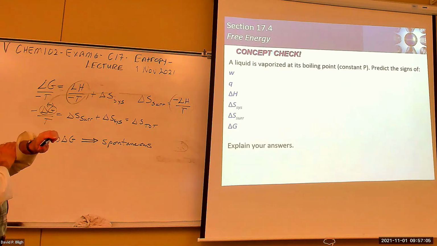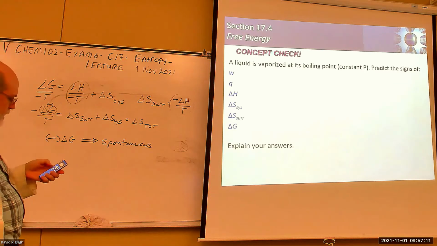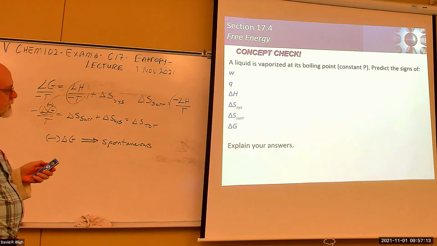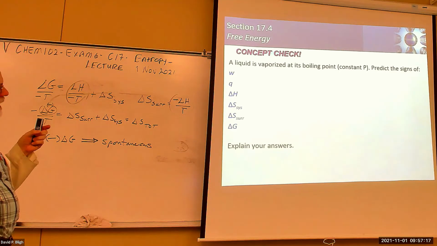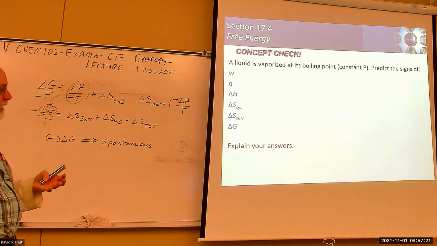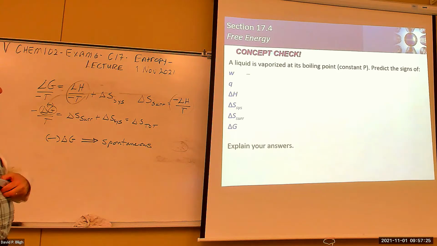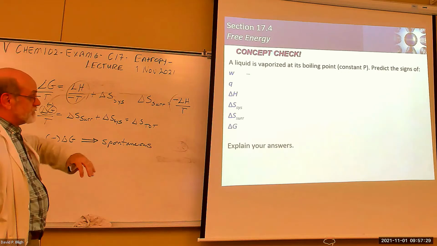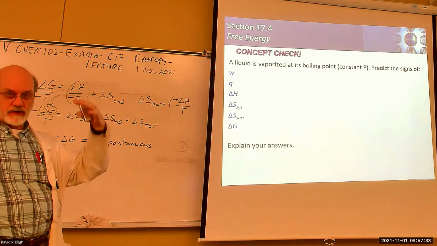Okay. Let's say a liquid is vaporized at its boiling point, constant pressure. Predict the signs here. So let's see, if it's vaporized at its boiling point, we're saying that it's at equilibrium. So as it vaporizes, we assume that it's working against a pressure.